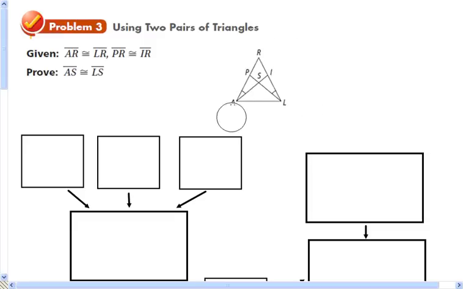All right, so we'll first write down our givens and establish that these two triangles are congruent. And I'm going to do that using side angle side. So we have AR is congruent to LR. That's a given.